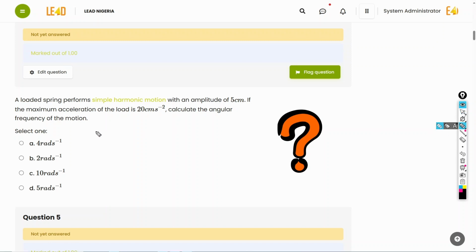The formula for acceleration is given by a equals omega squared A, where small a is our maximum acceleration, capital A is our amplitude, and omega is our angular frequency.